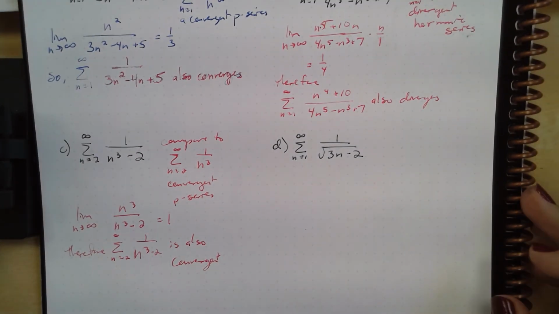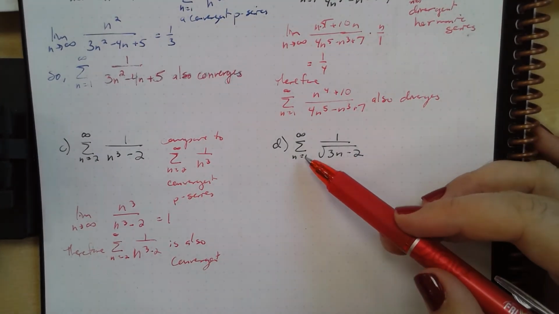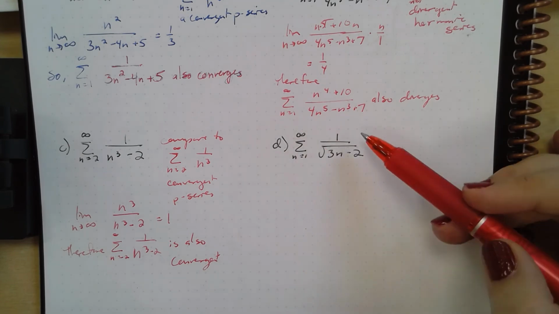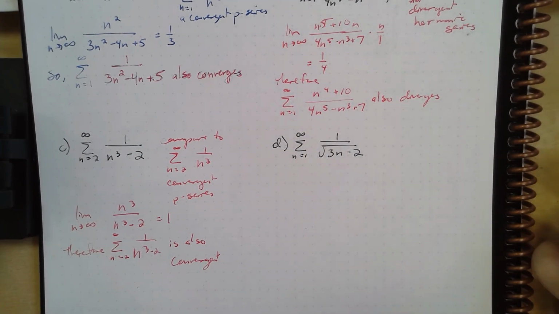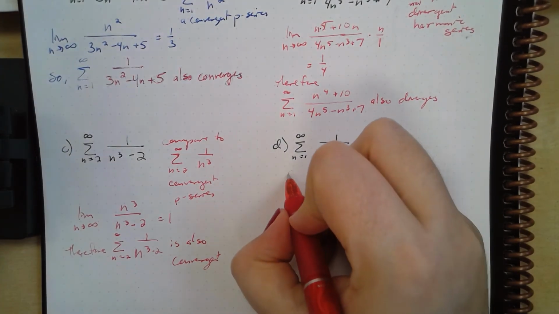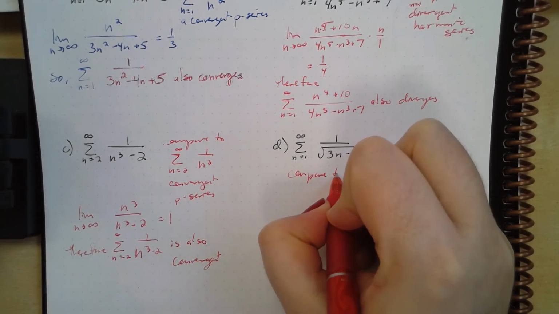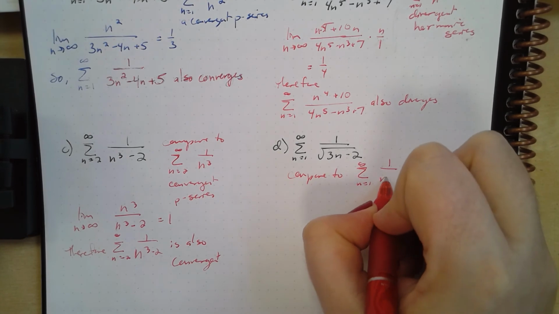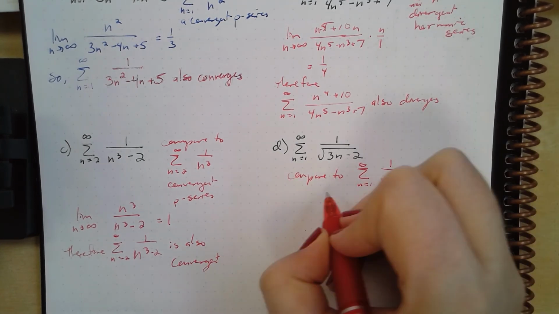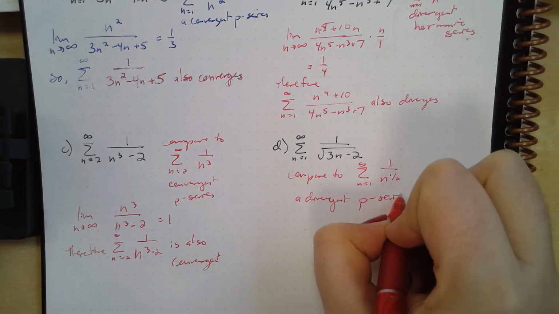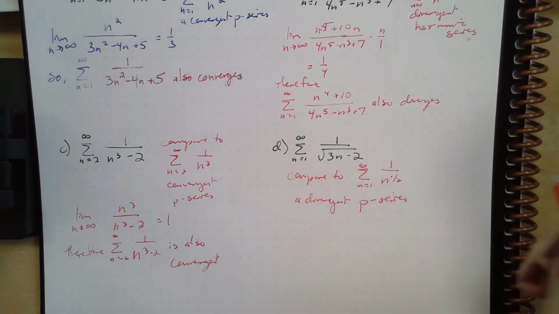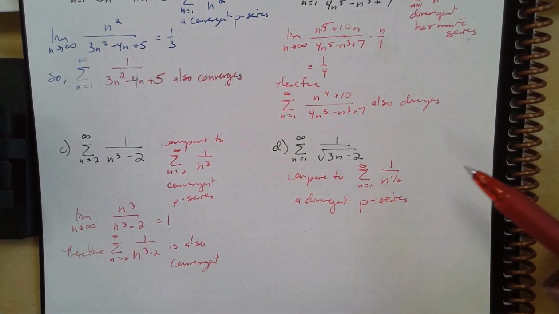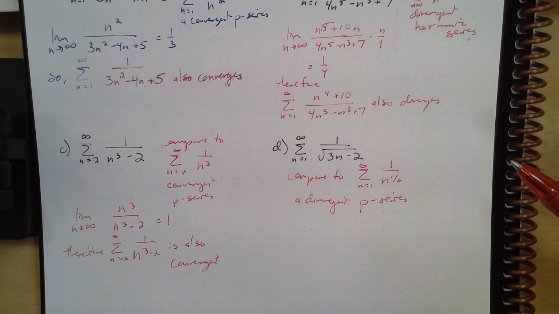Okay? Let's do one last one here. We have the sum from 1 to infinity of 1 over the square root of 3n minus 2. Let's compare that to the sum from 1 to infinity of 1 over n to the 1/2. That's a divergent p-series because our p is less than 1.